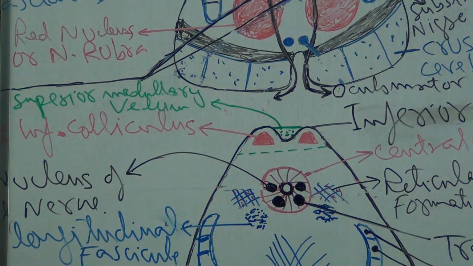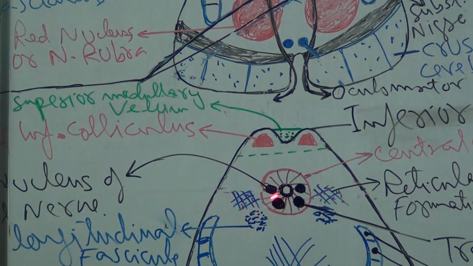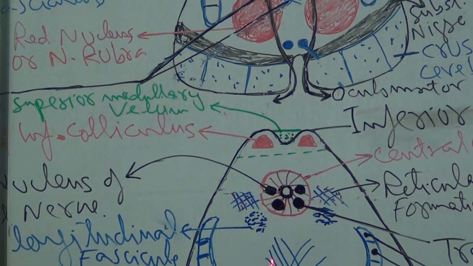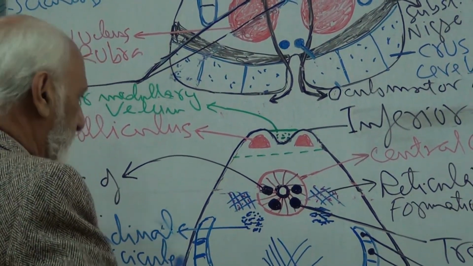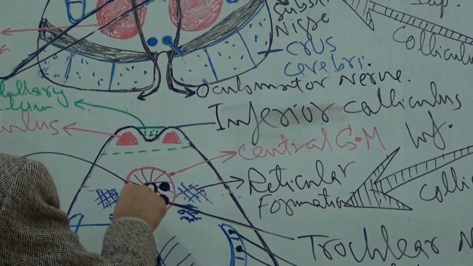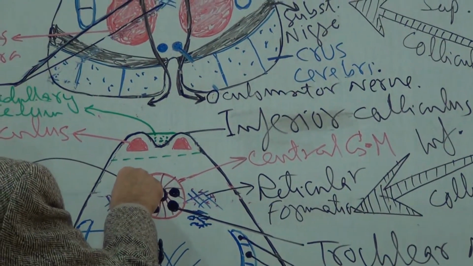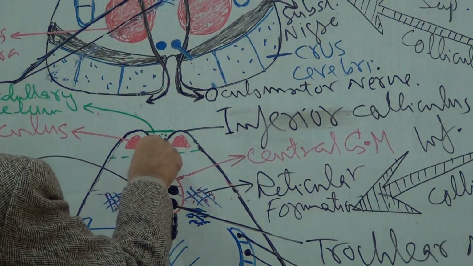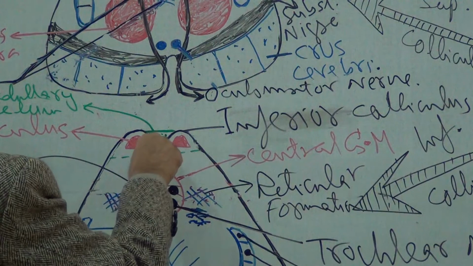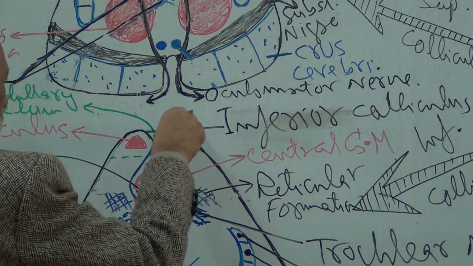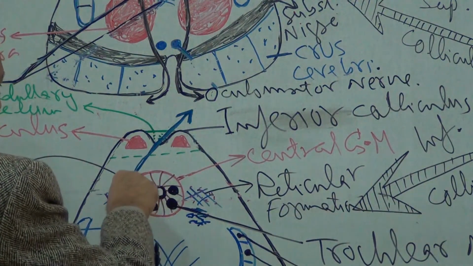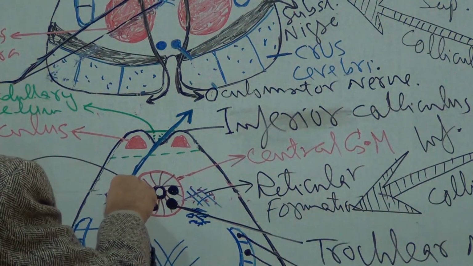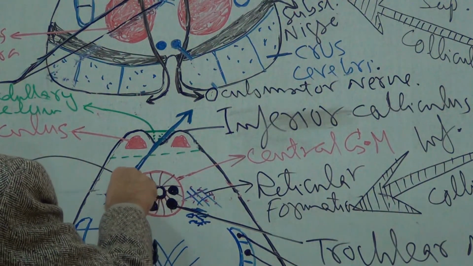Now, the fibers of the trochlear nerve, which originate from the trochlear nerve nuclei, instead of running forwards, run backwards around the central gray matter and enter the superior medullary velum. These are the intracerebral fibers, the intracerebral course of the trochlear nerve.